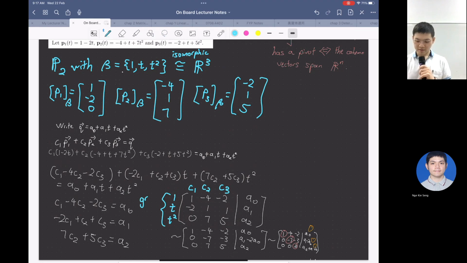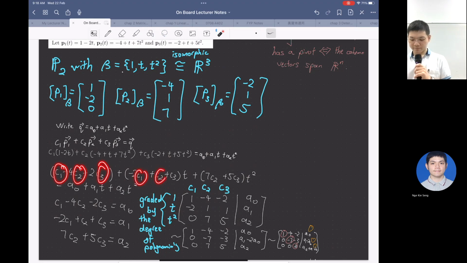So the rows have meanings now. Make sense? So the rows are graded by the degree of polynomials, and the columns are the usual variables for your solution.